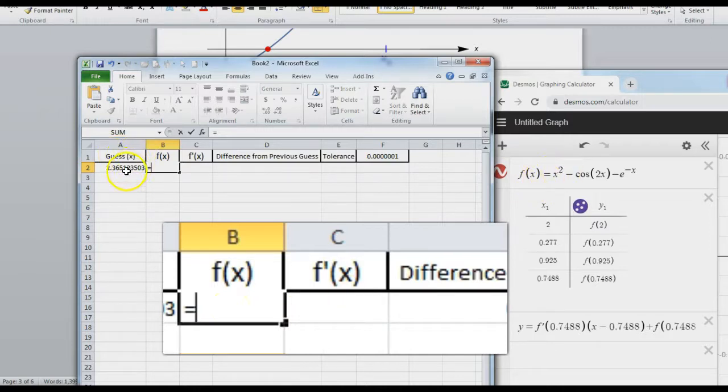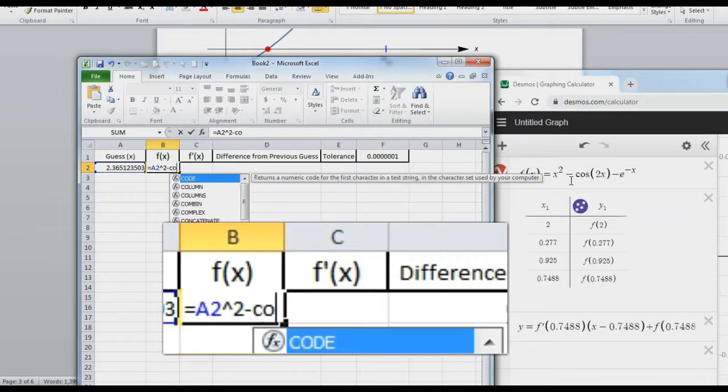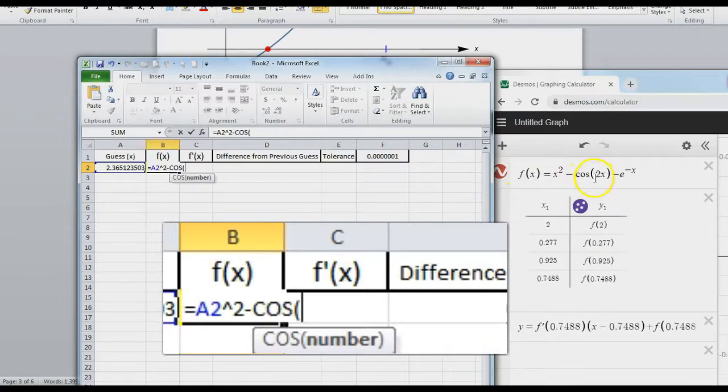The guesses are x. So x, shift 6 for the caret, squared. So there's x squared. And then minus, start typing cosine. It'll pop up as an option here. And then inside is 2 times x. So again, there's my x. So 2 times x, and don't forget to put the little times symbol in there. All right, close the parentheses, and then minus e to the negative x.